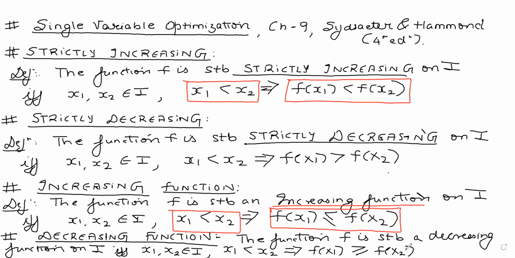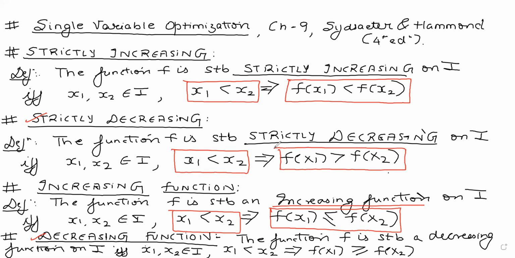So again, guys, if you compare a strictly decreasing function with a decreasing function, in a strictly decreasing function, my implicative statement is x1 less than x2 implies f of x1 is strictly greater than f of x2.